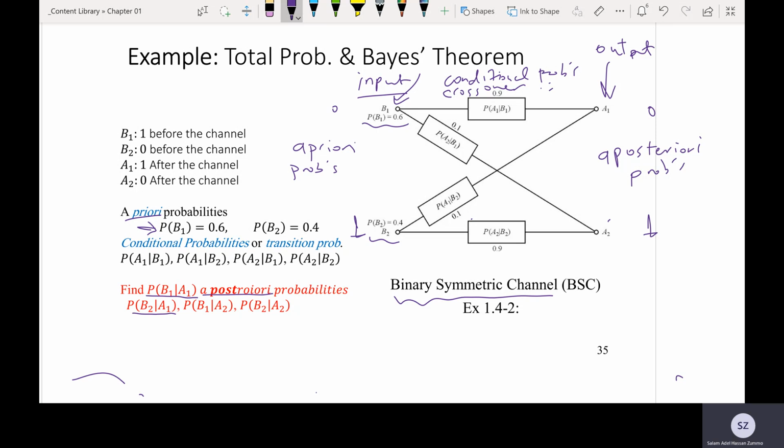If I receive 1, what was the probability that I sent 1, which means the correct message? Which is the probability of A2, B2 given A2, and the probability of B2 given A2.